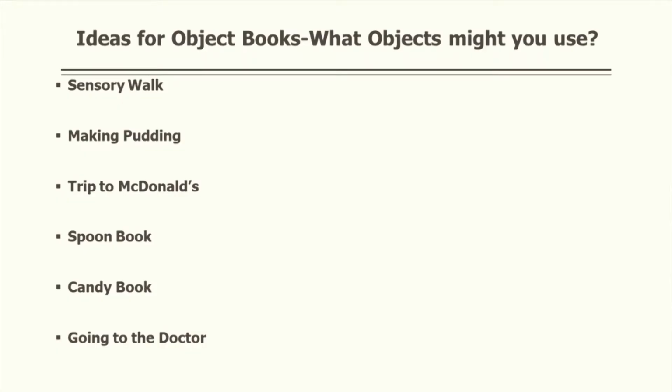Ideas for objects: sensory walk, making pudding, a trip to McDonald's, a spoon book, all about different spoons or forks or knives or whatever. Candies, a different candy book. Going to the doctor. Even if it's not something that they're dying to do, I'd much rather let them know this is what we're going to do, but then after that, we're going to do this.